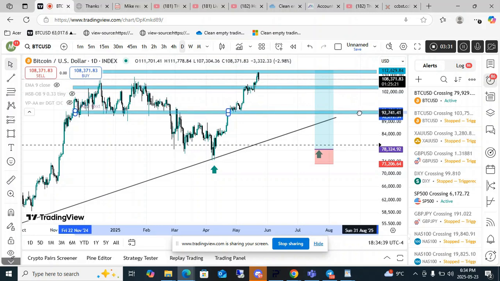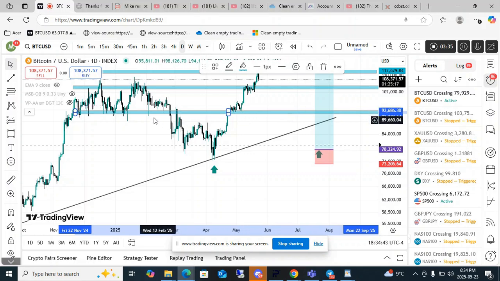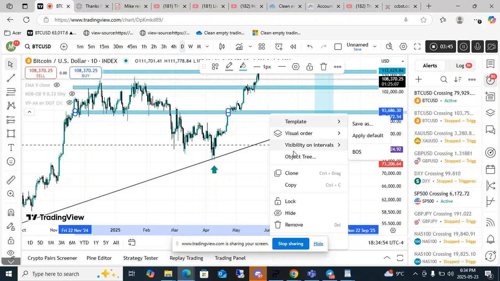You see the touch here, touch here, touch here, touch here. Where there are a lot of touches is where the liquidity is sitting. So I'm just marking it out.